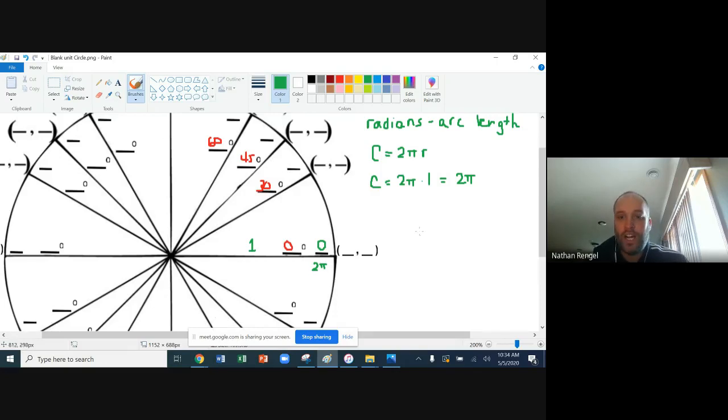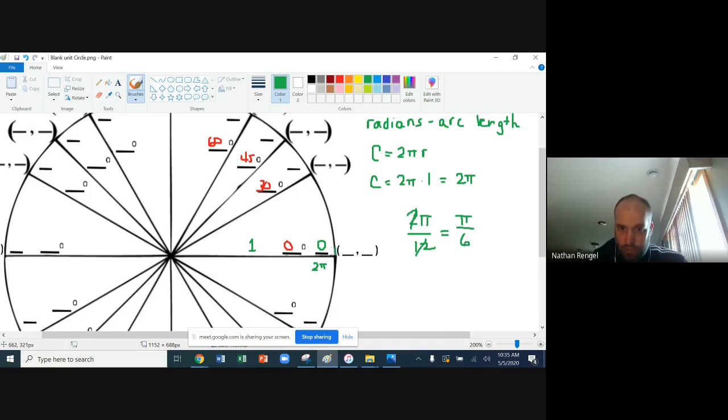Well, if we take 2 pi and divide it by the 12 sections, the 2 and the 12 will cancel to make a 1 and a 6. So that means that each of those 30-degree sections are going to be pi over 6.